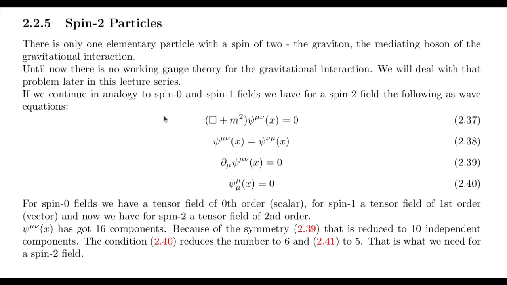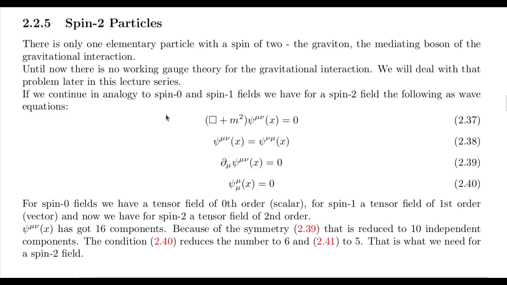Yeah, we can do that in analogy to spin 0 and spin 1 particles. For spin 0 particles we need only one independent component. For spin 1 particles we need 3 independent components, and of course for spin 2 particles we need 5 independent components.